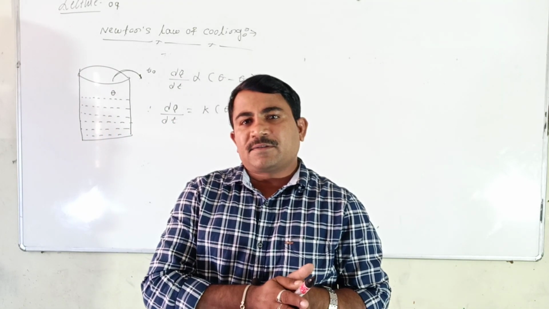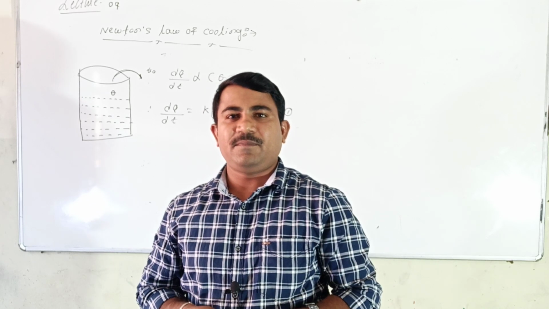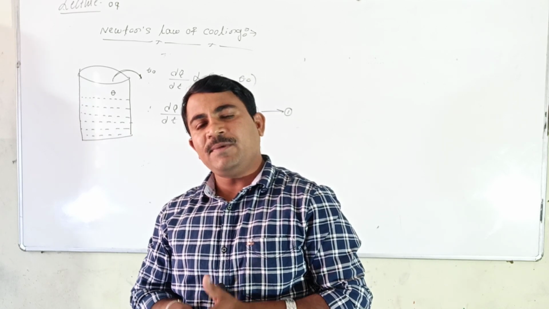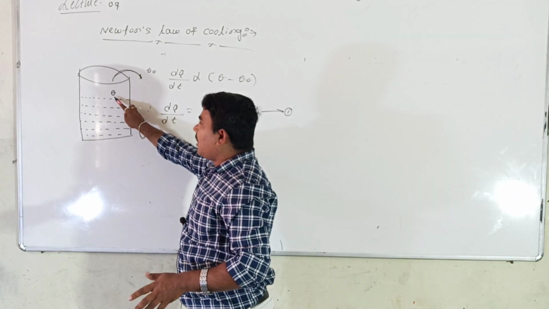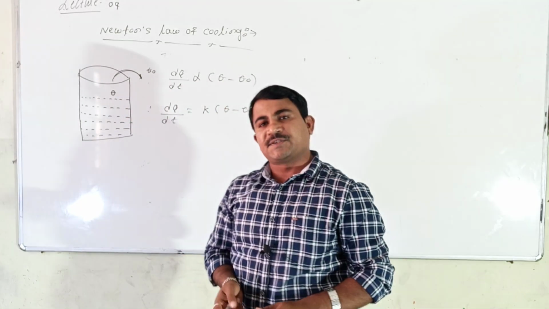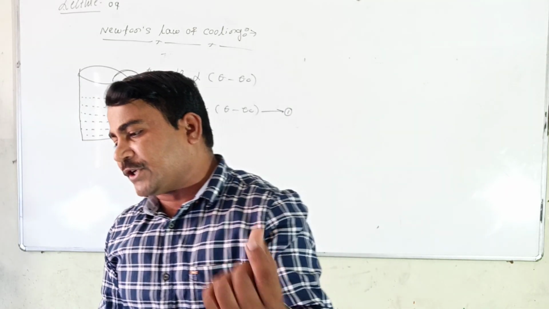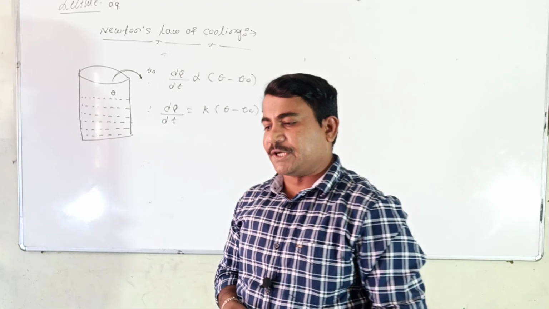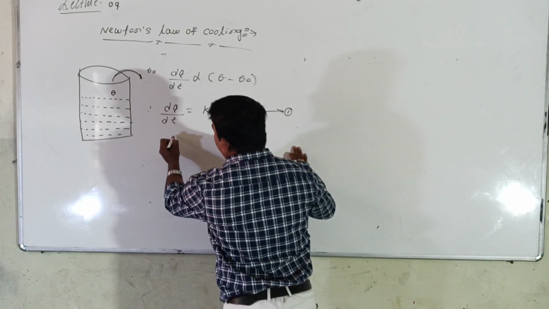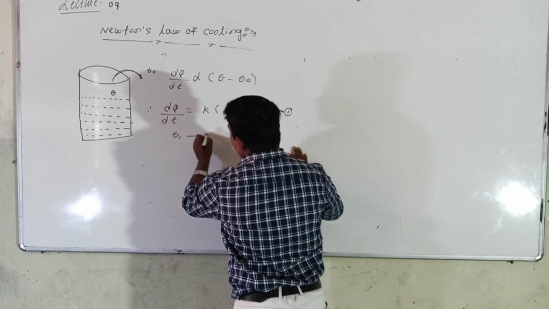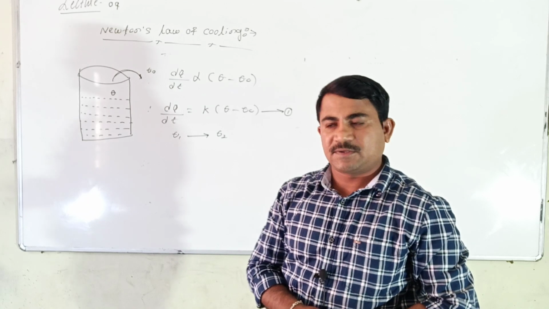Let us take the liquid cooling from theta 1 to theta 2. Theta is the temperature of the hot liquid and theta naught represents the temperature of the surrounding. If the liquid cools from theta 1 to theta 2, how do we represent the rate of heat loss?